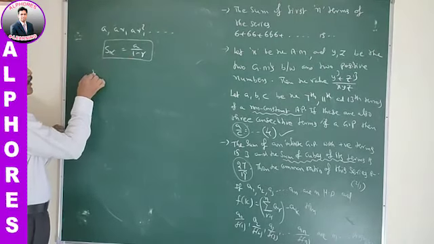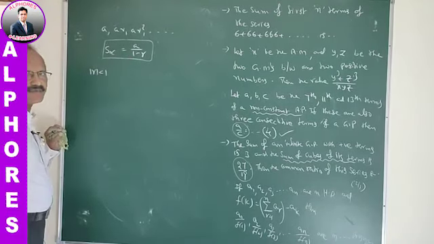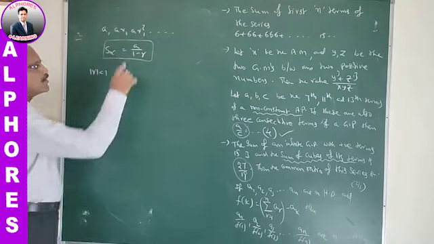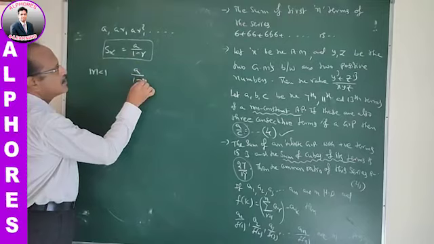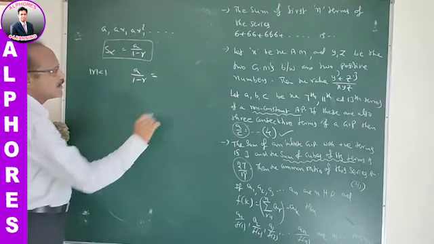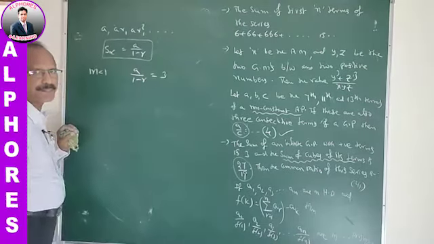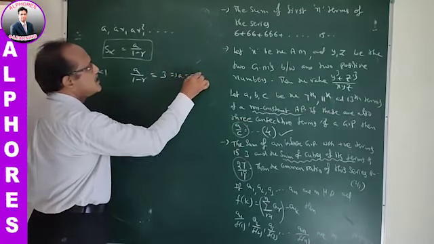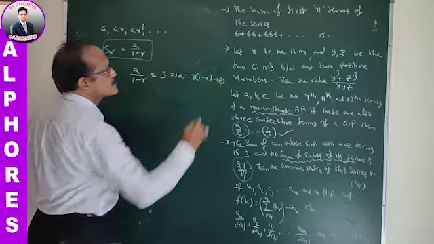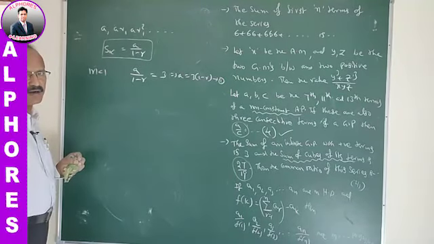Of course, where mod R is less than 1 is the restriction here. Now, let the GP be this one. I am giving A by 1 minus R value. We are given that it is 3. Then A is equal to 3 into 1 minus R. Keep this relation. There is a relation between A and R.